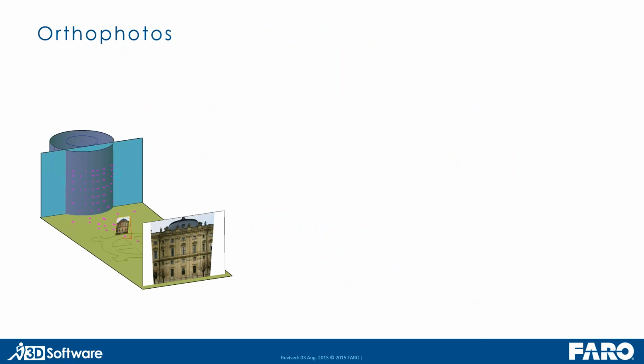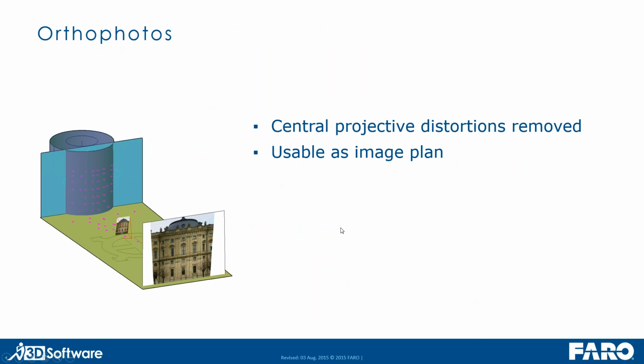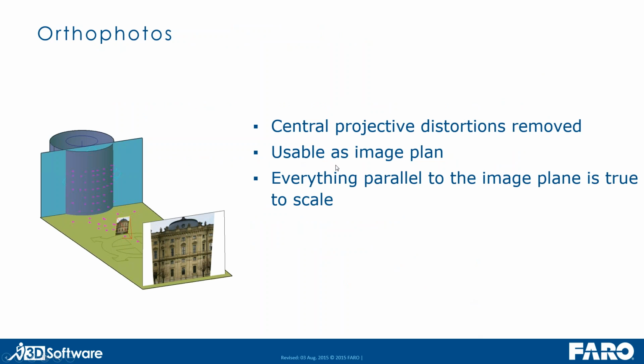How does that look like? In an orthophoto, the central projective distortions are removed, and this way they are usable as image plan. Everything which is parallel to the image plane, which is here, will be true to scale.